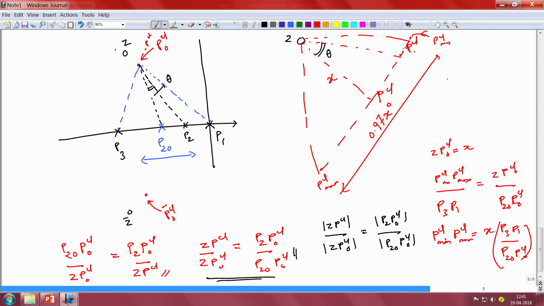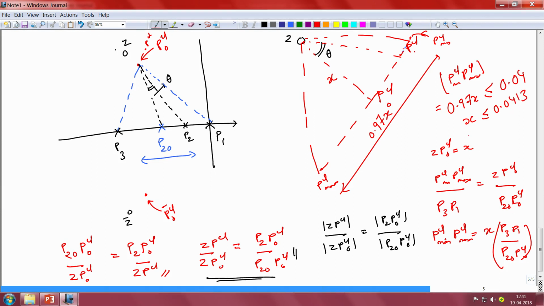Now, we have been specified that this distance, namely PCL min to PCL max, the magnitude of this, which is equal to 0.97 x, should be less than or equal to 0.04 units. This is our specification. We want the closed loop pole variation to be restricted to within 0.04 units, and this automatically implies therefore that x should be less than or equal to 0.0413 units.